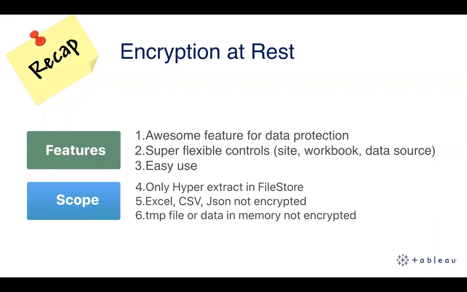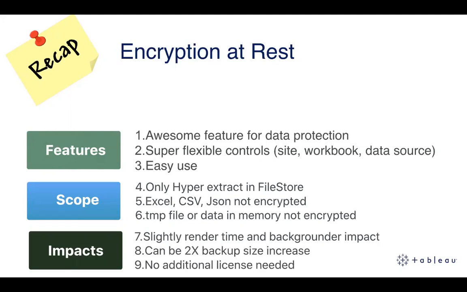Be aware the scope is only hyper extracts in the file store. Excel, CSV, and JSON files are not included. Any temporary files in memory are not included. Just be aware. That's why it's called encryption at rest. Now the impact: almost no impact for render time or backgrounder.